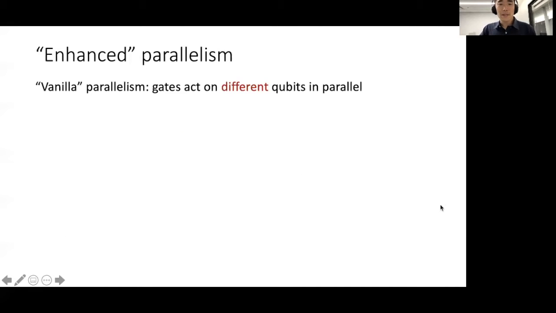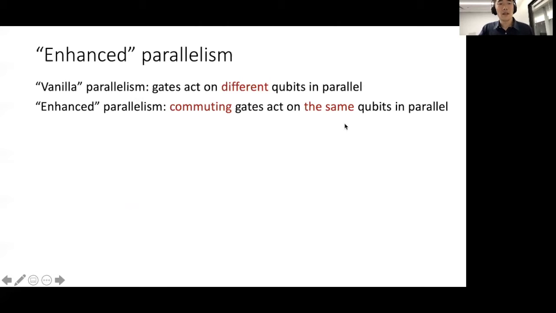So what do I mean by this? Well, how do we define the standard parallelism? Standard vanilla parallelism says that gates acting on different qubits can be implemented in parallel. This enhanced parallelism allows you to say that commuting gates that act on the same qubits can be implemented in parallel.